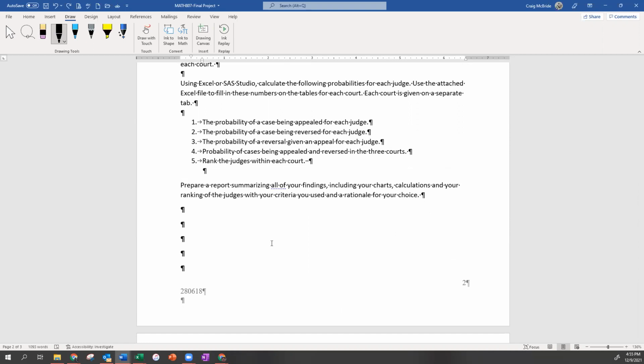If you want to rank them based on this rule, then as long as your ranks are calculated using that rule, you're good to go. Like, you can't say I'm going to rank judges based on their probability of having a case being appealed, and then rank them based on the probability of having it overturned. You see what I'm saying?